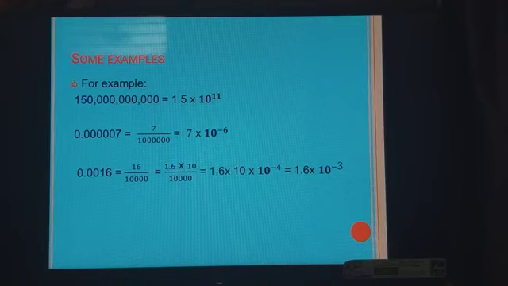Here we see how many zeros there are: 1 2 3 4 5 6 7 8 9 10. So many zeros. We can express this as 1.5 into 10 raised to the power 11. Likewise, 0.0000007 we can express as 7 into 10 raised to the power negative 6.